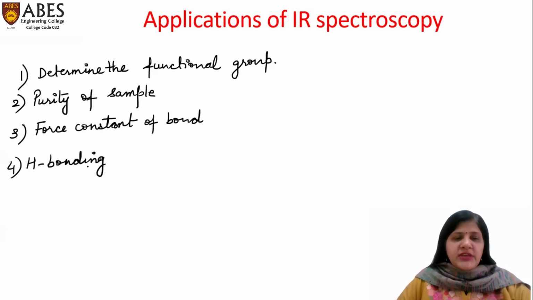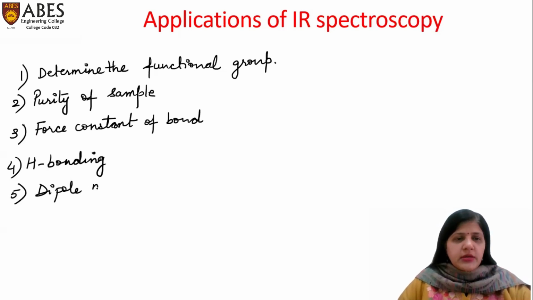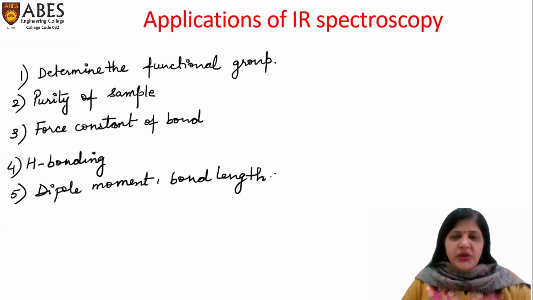IR spectroscopy gives information about both intermolecular and intramolecular hydrogen bonding present in the sample. We can determine the dipole moment, bond length, and strength of the molecule with IR spectroscopy.